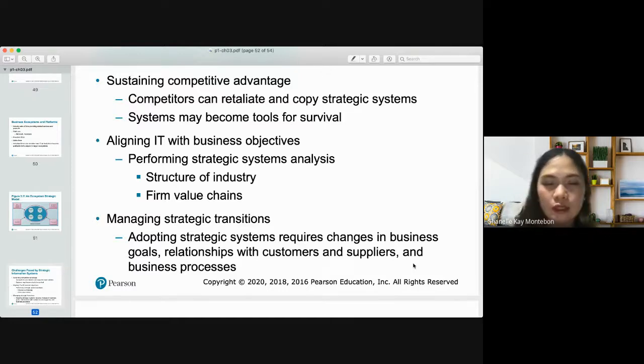So what companies, firms, or organizations must do in order to really achieve competitive advantage with the use of information systems is to always be updated, to always get the latest technology if they can, because even if they have an information system, if it is like 19 kupong-kupong, then it will still become a liability instead of an asset.